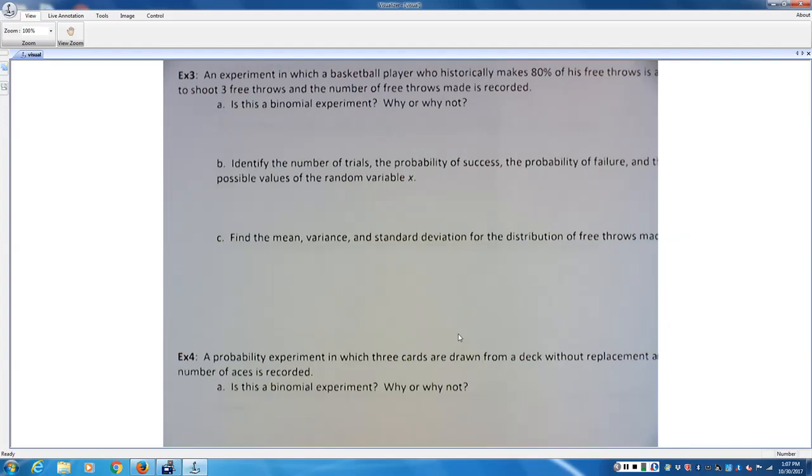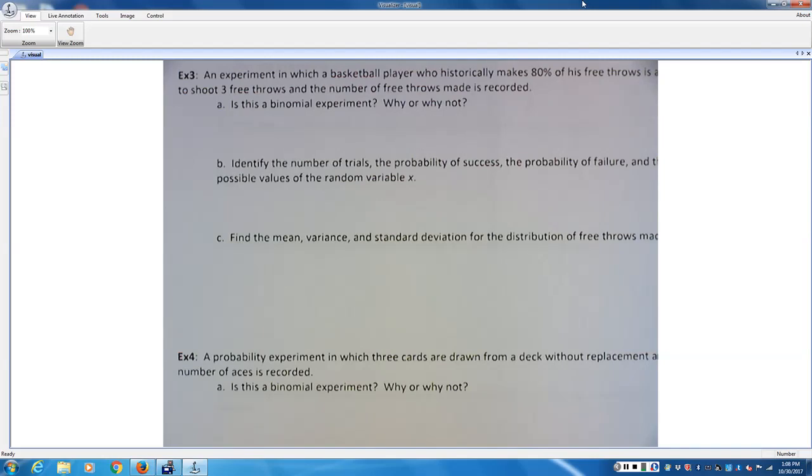In example 3, it says an experiment in which a basketball player who historically makes 80% of his free throws is going to shoot 3 free throws, and the number of free throws that he makes is going to be recorded. So the question we have here, is this a binomial experiment?